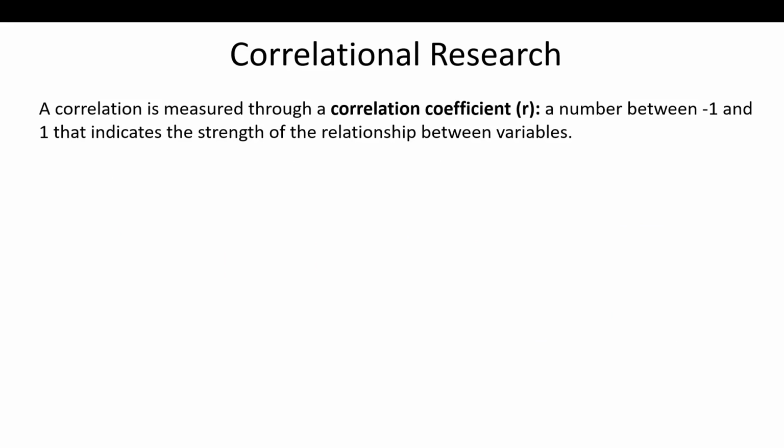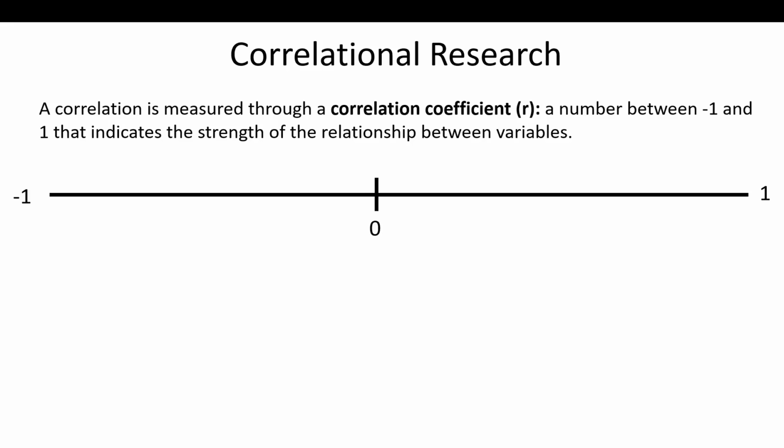A correlation is measured through a correlation coefficient, which is denoted in stats as r, as you see here. And a coefficient is a number between -1 and 1 that indicates the strength of the relationship between two variables. Accordingly, the relationship between two variables can be positively or negatively related, and they could have a strong or weak relationship.